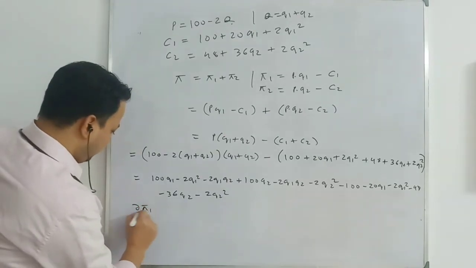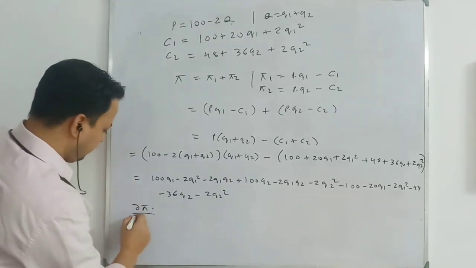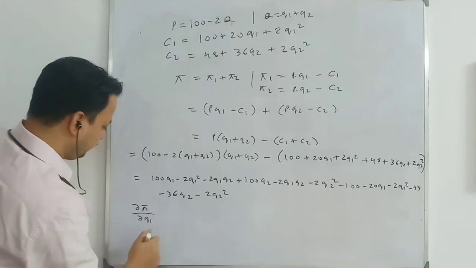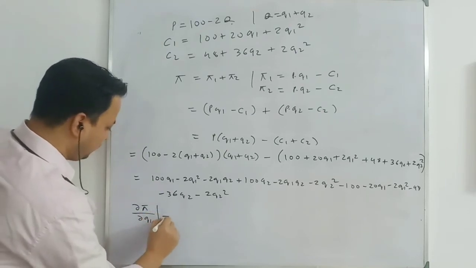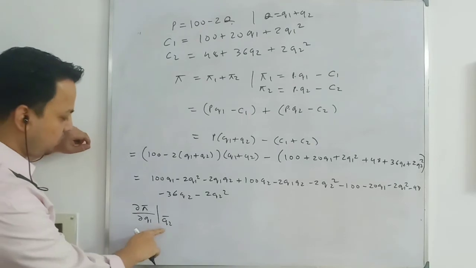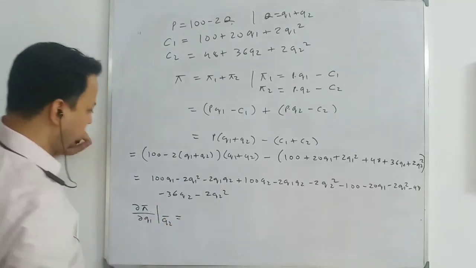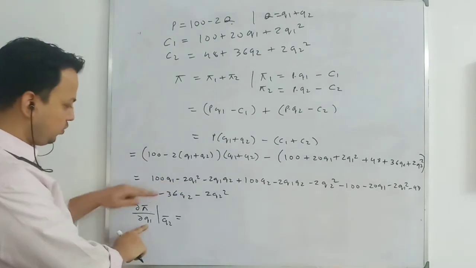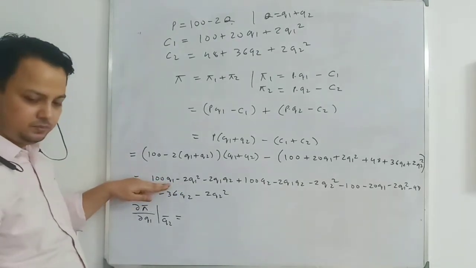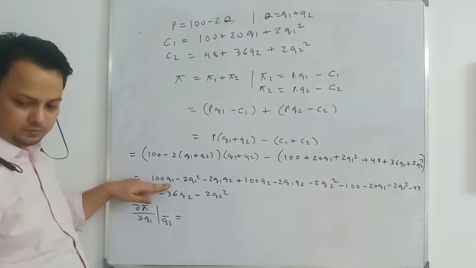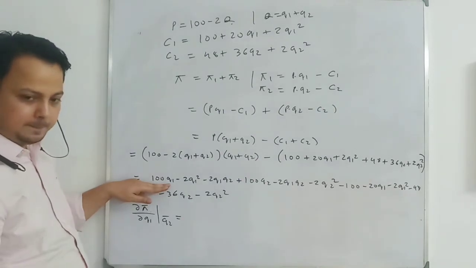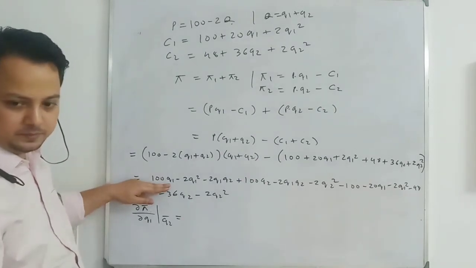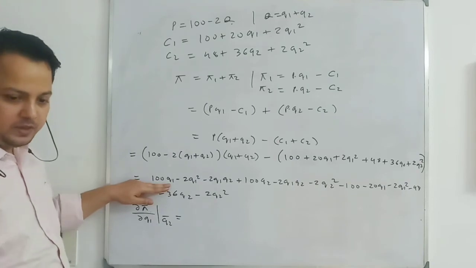So I have to look at the profit maximization output for firm 1. Given the output of firm 2, I will take the output of firm 2 as given. What will I get? 100 q1. When I take the derivative with respect to q1, what do I get? 100.